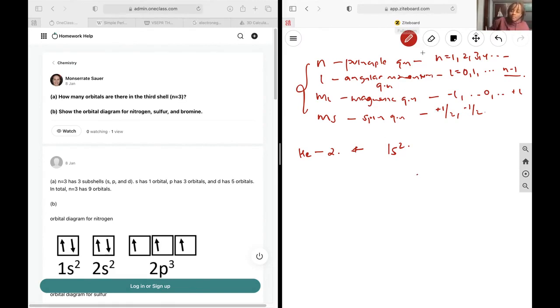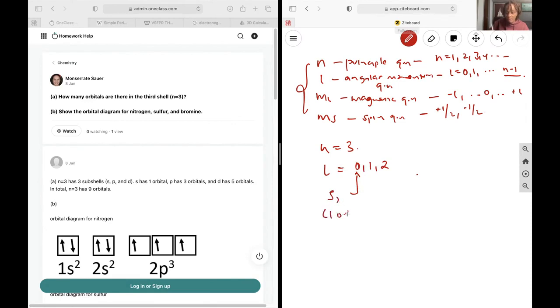And so if I have n is equal to 3, how many L values can I have? So L will tell me how many orbitals I can have. And so L would be equal to 0, 1, or 2. 0 is S. And for S, when L is equal to 0, ML can only be equal to 0.